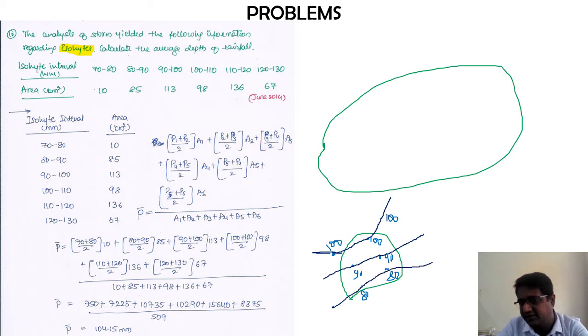These isohyets will exhibit all the characteristics of a contour. That is, they cannot overlap each other, they cannot touch each other. Whatever rules we follow for contours, the same will be followed by these isohyets.